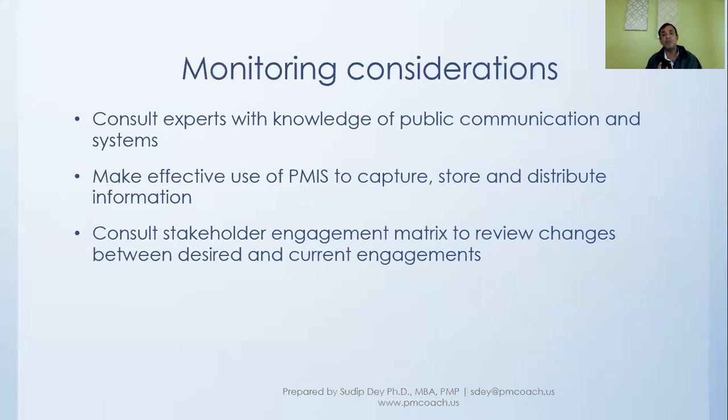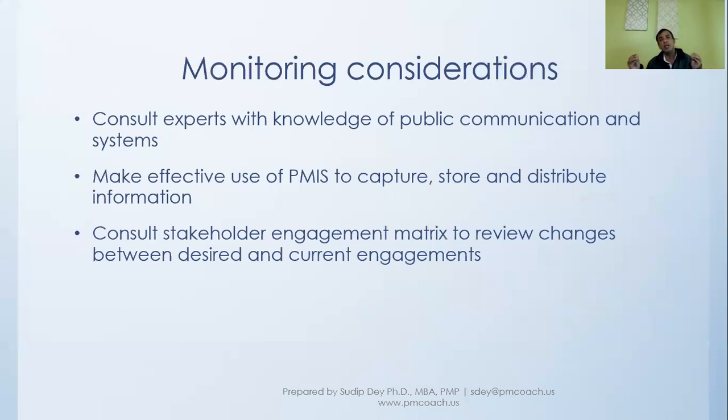Then, as we are monitoring or planning, we will consult stakeholder engagement metrics to review changes between desired and current engagement. We'll see in our subsequent knowledge area, stakeholder management, that when we look at stakeholders, we try to understand where each stakeholder is in terms of how they are engaged with the project and how we want them to be.